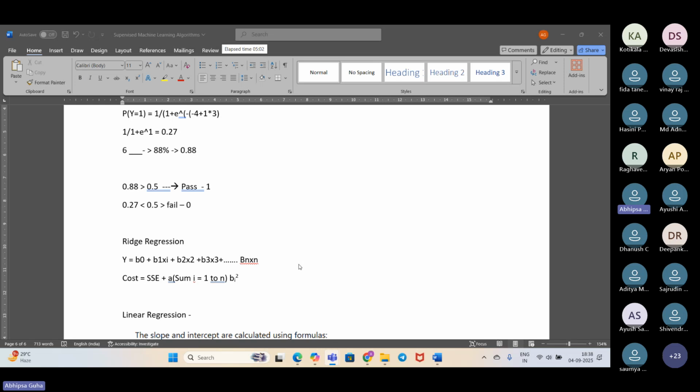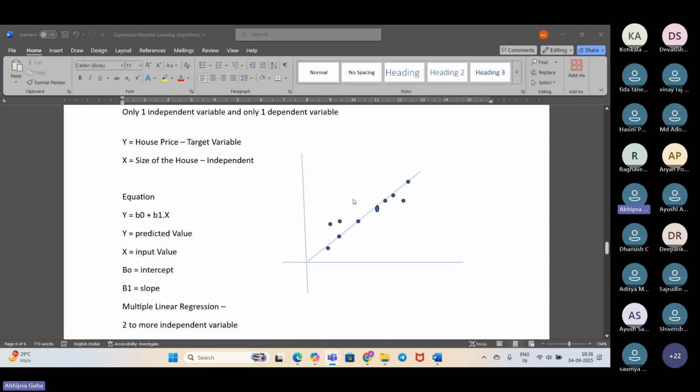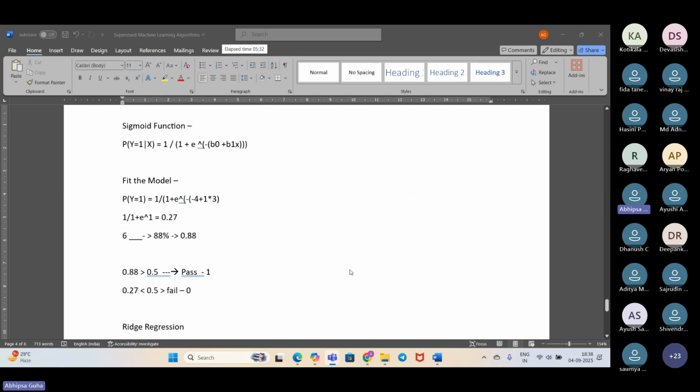In linear regression, we try to find the best straight line, or a plane or a hyperplane. It's a straight line in the sense that we are seeing it in 2D format, but actually we are getting it in 3D, so it will be either a plane or a hyperplane that fits the data accordingly, right?